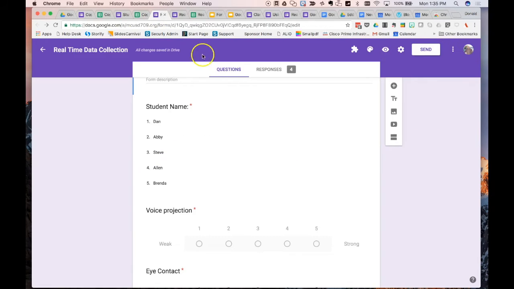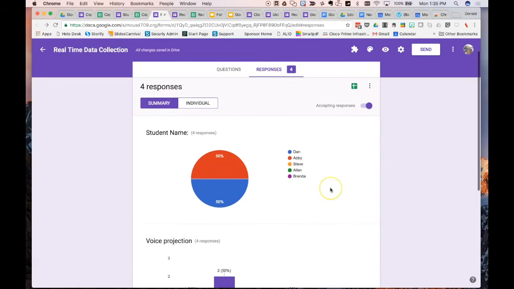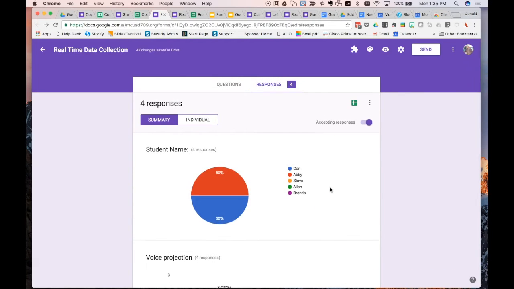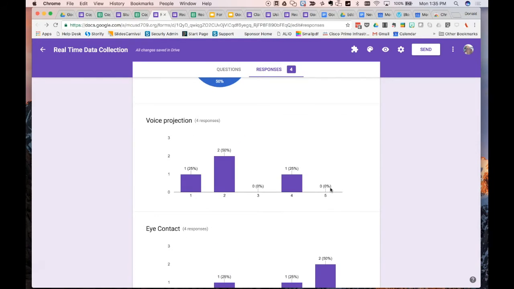Now, what you can do is, as a teacher, similar to what the teacher dealing with the reading responses, is you can go here to responses, and let's say you did this as a formative. Let's say you had talked about eye contact and voice projection and all of those presentation skills. You could go, and as a teacher, you could see where the class is as a whole.